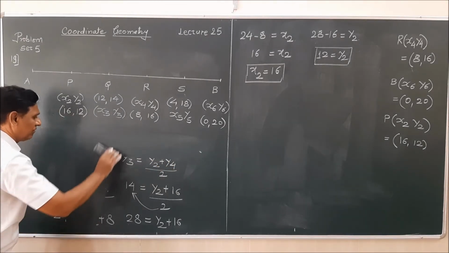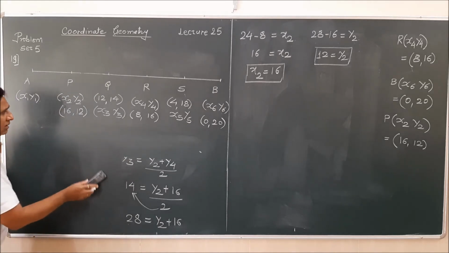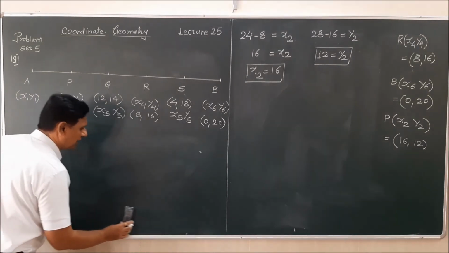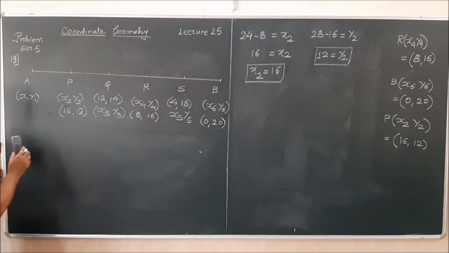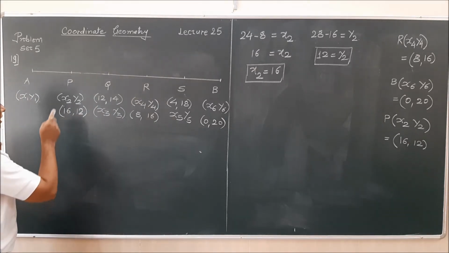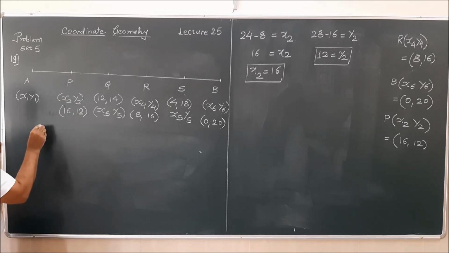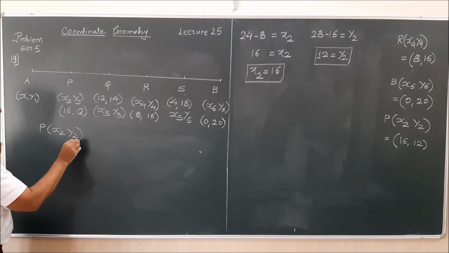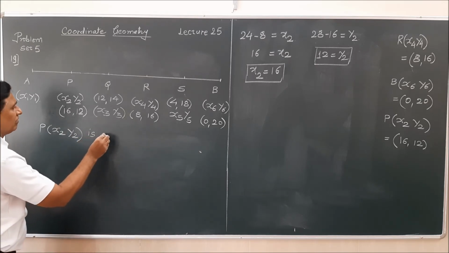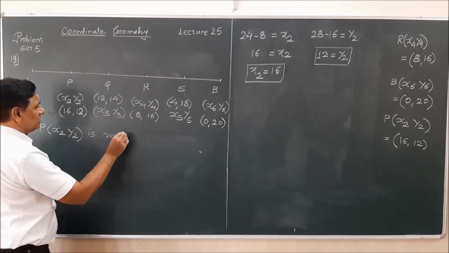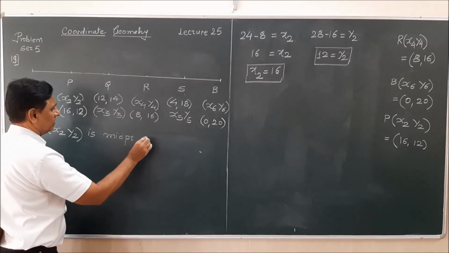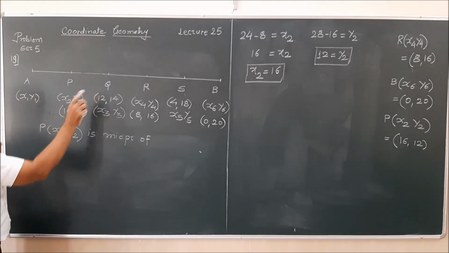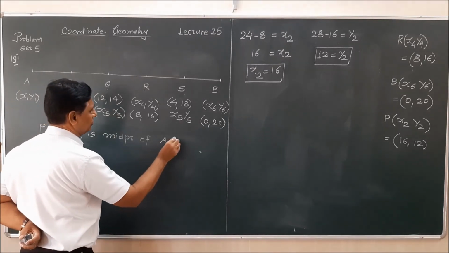Now let's see here. In this case, all the time we have to use the midpoint. P (x2, y2) is the midpoint of AQ.